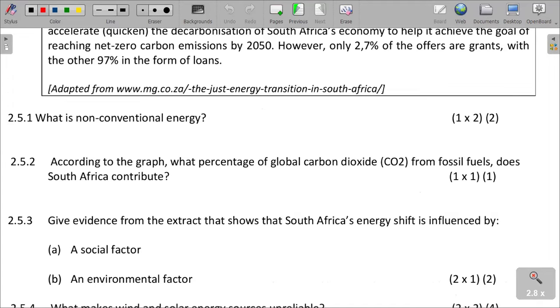Define non-conventional energy. We are talking about sources of energy that are not widely used.